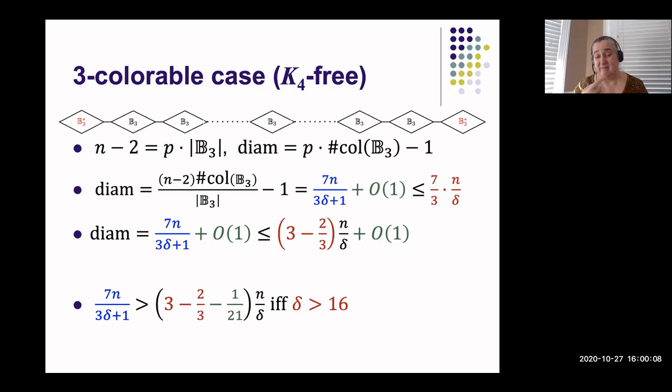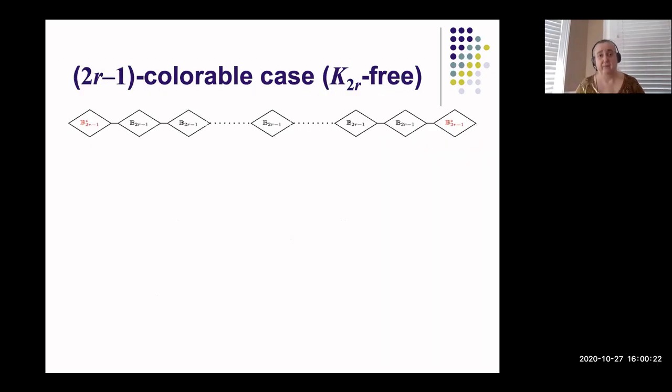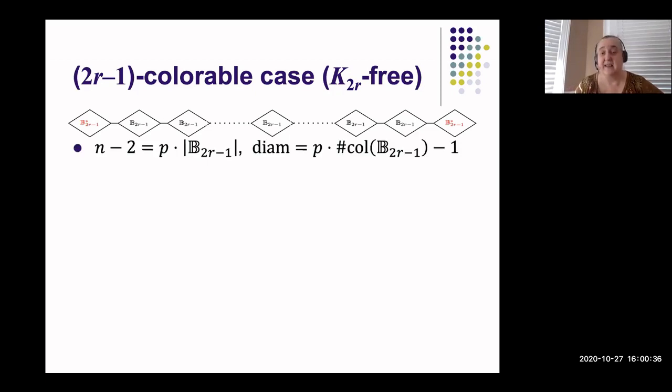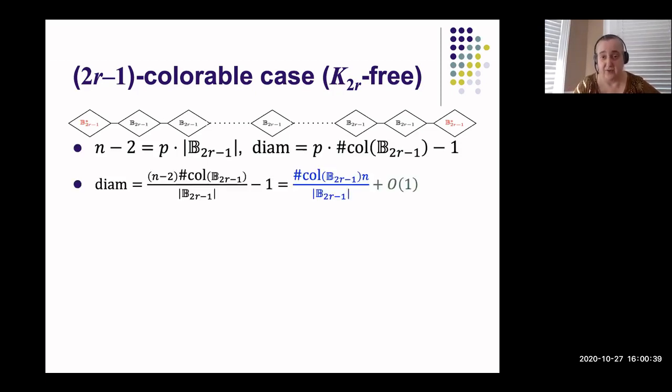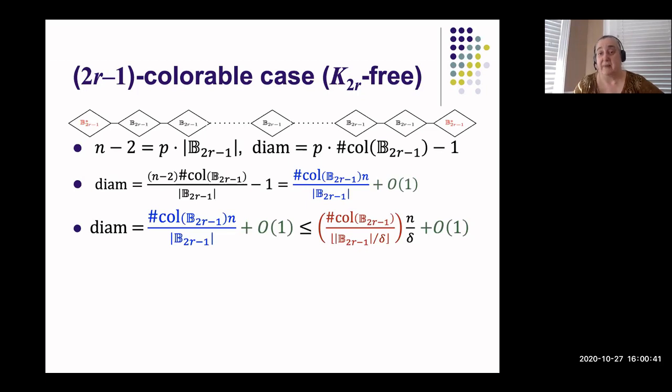So the Erdős conjecture is not true in the K4-free, 3-colorable case, because these graphs are K4-free. But maybe this is just a fluke. So in the odd, 2r minus 1 colorable case, K_{2r}-free, if we could do the same thing, we would have a sequence of blocks as before, with the extra vertices fixed at the end, and the same computations as before.